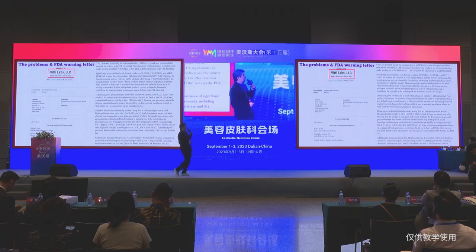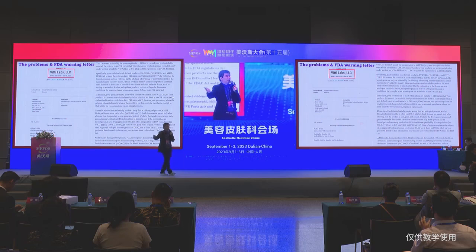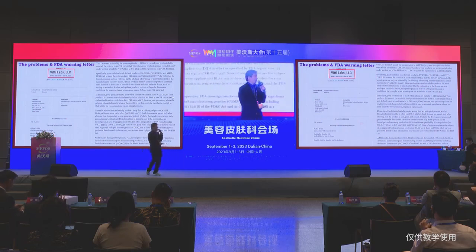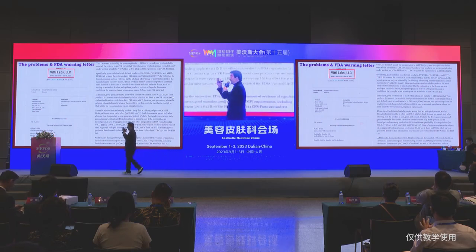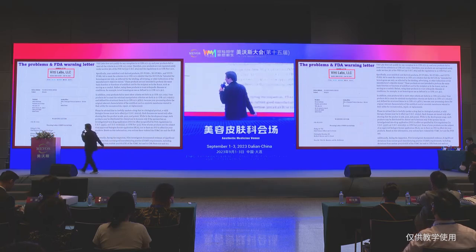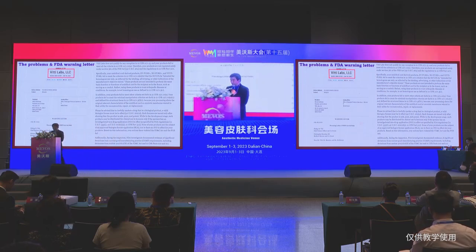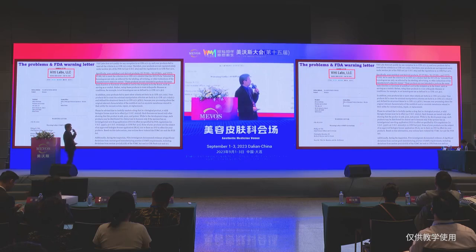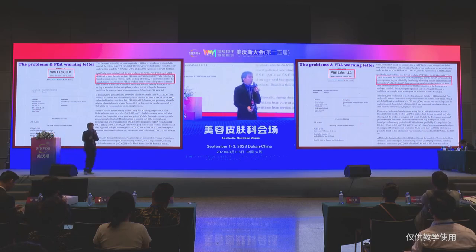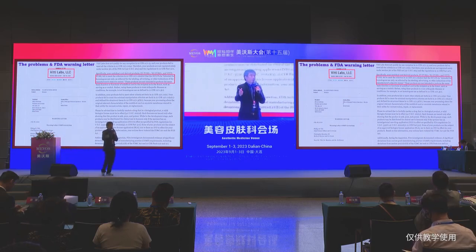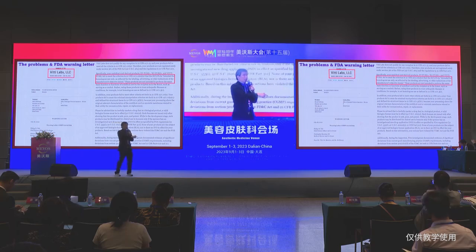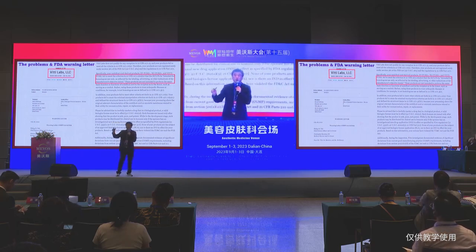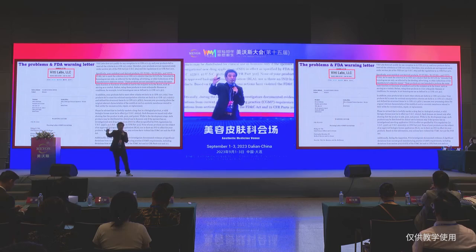The FDA basically issued a warning letter to the company, I think last year in August. What happened? They cited many violations to the company. The first one, they said what you are trying to use in the clinic is not consistent with what you said on the product labeling.